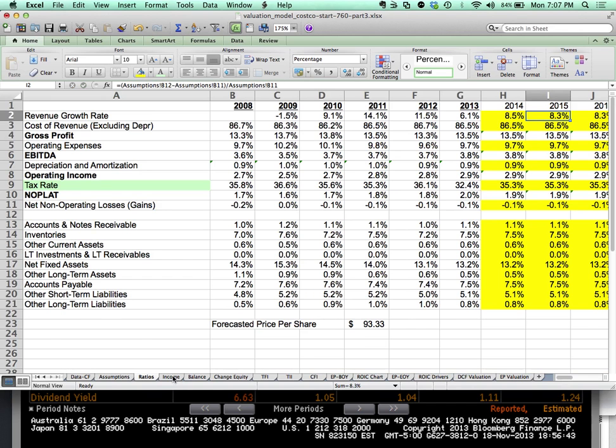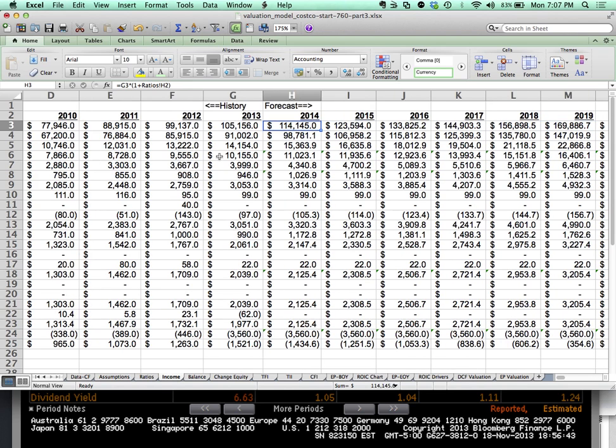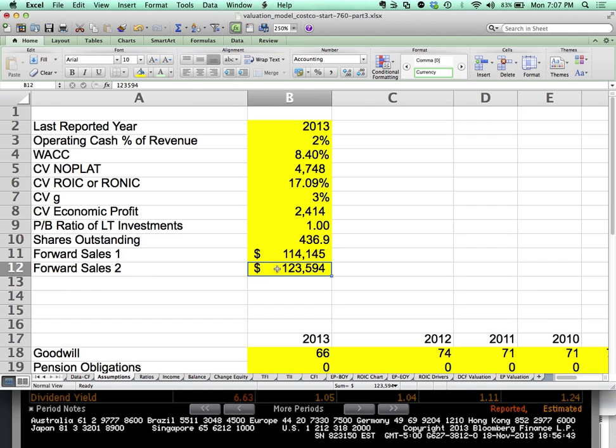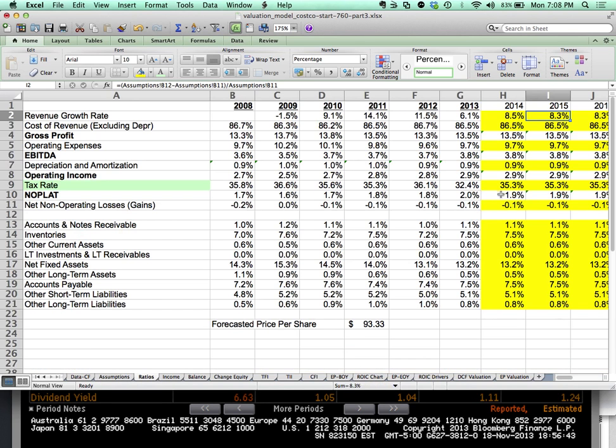That gets me to 123,594, which matches the 123,594. So all I've done is I've just put in the growth rates that match the consensus for the next 2 years, approximately 8.5% and 8.3%.